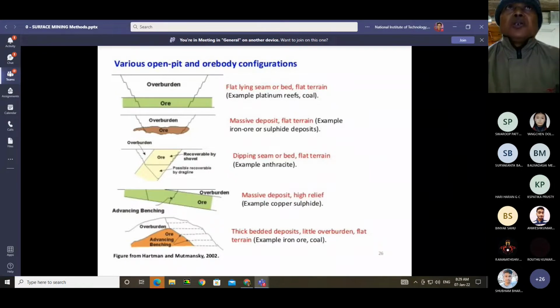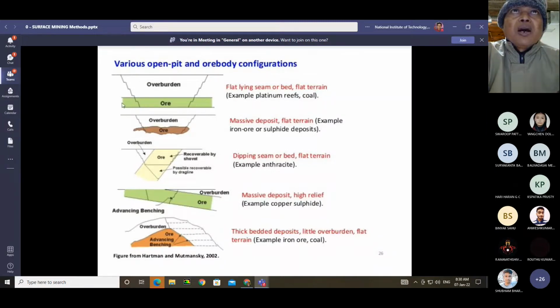Okay, so here again you see various open pit and ore body configurations. This ore body, the green top one, is the horizontal flat deposit.